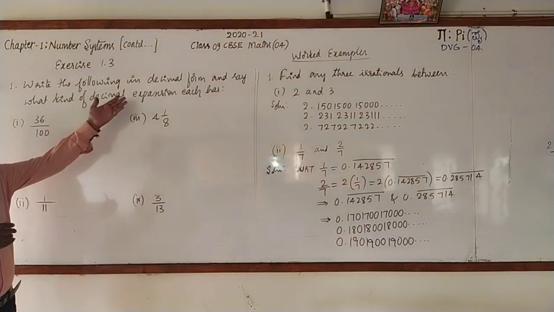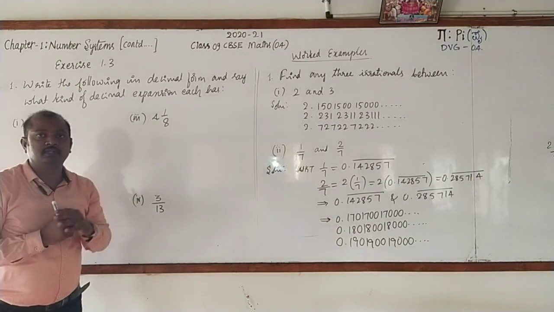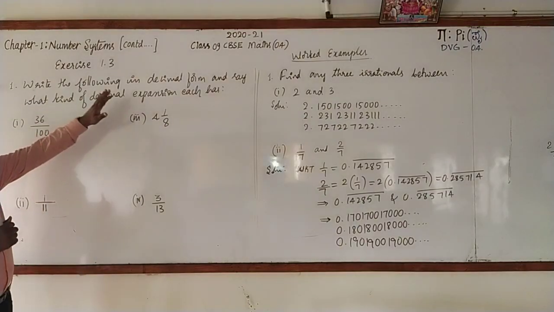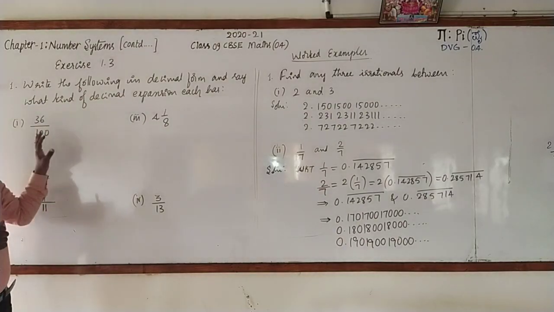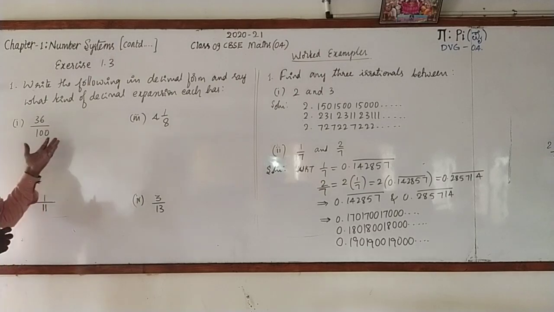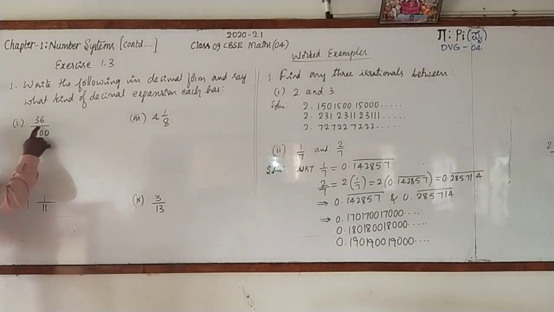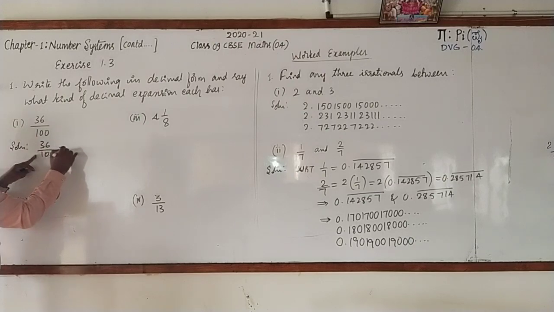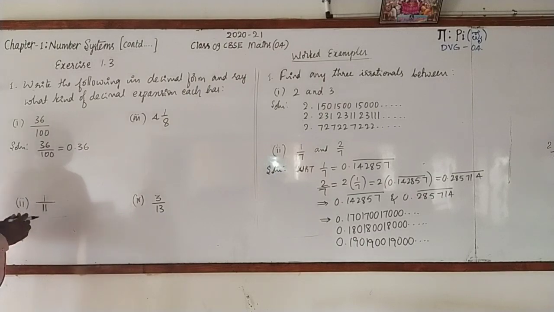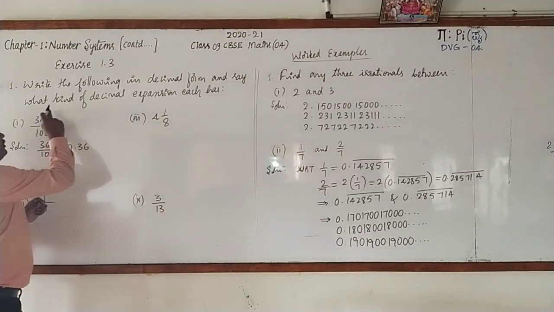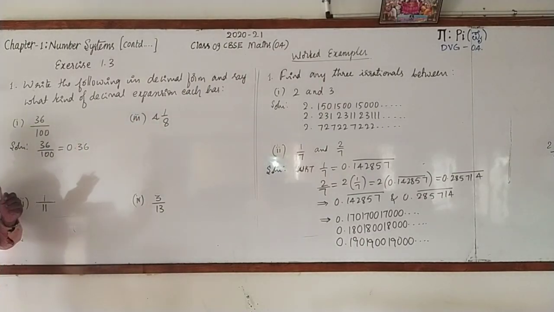Now first let us understand the heading. Write the given numbers in decimal form. In the first problem, the denominator term is 100, so it is very easy. You can write 36 by 100 as 0.36, right?